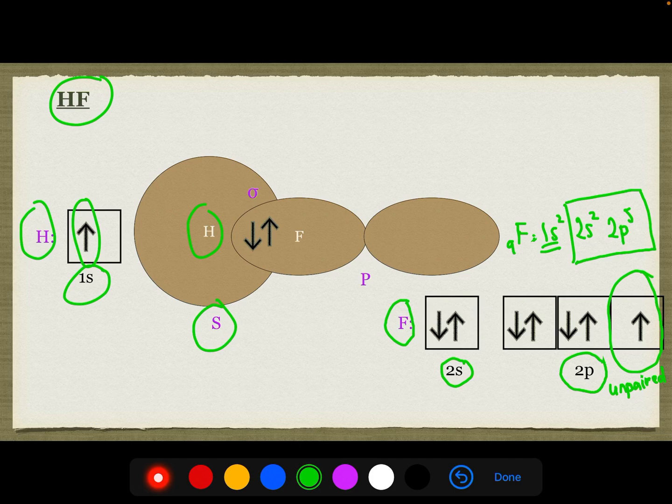Okay, so if you notice this unpaired electron is inside 2p orbital. So kita kenalah draw 2p orbital. And if you still remember 2p orbital, p orbital, the shape is dumbbell. So kita draw dumbbell untuk F atom, and then kita draw electron, 2 electrons. One contributed by hydrogen and the other one is contributed by fluorine.